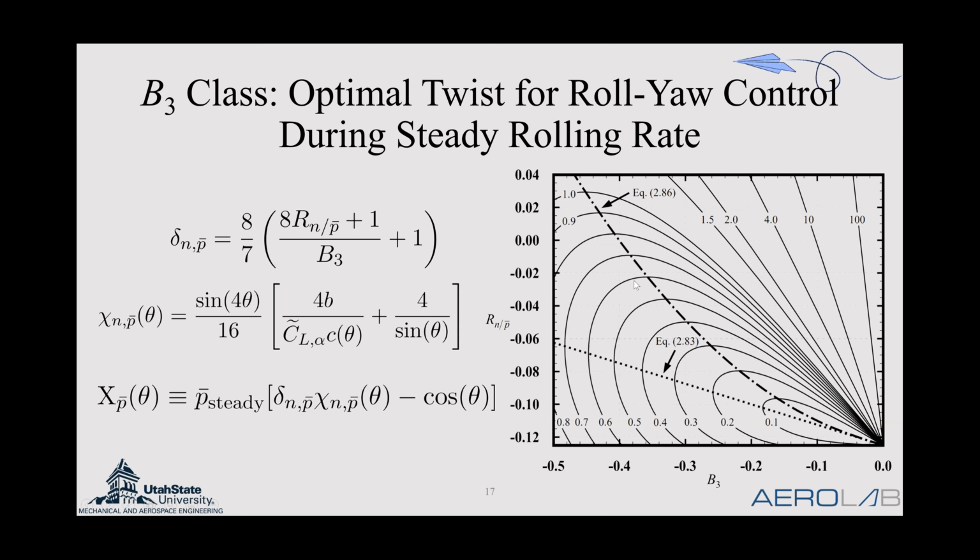And again, this contour plot shows the percentage increase in induced drag if we were to use this during a steady rolling rate maneuver compared to the absolute minimum induced drag we can achieve for a steady rolling rate.